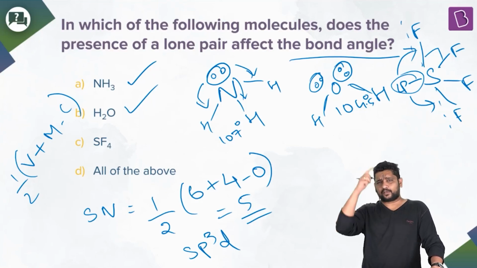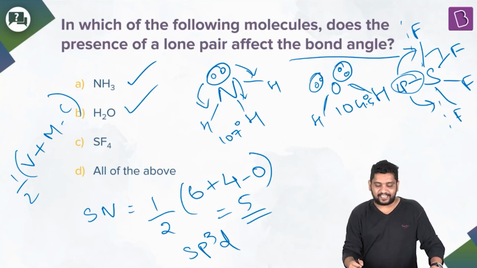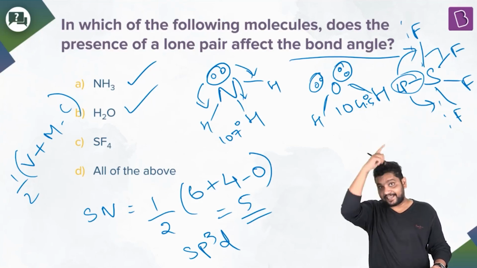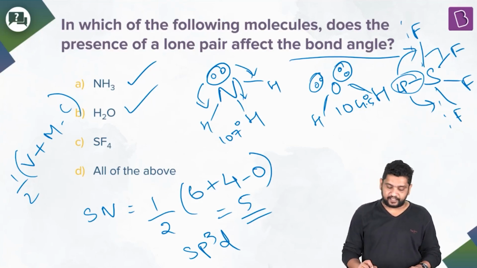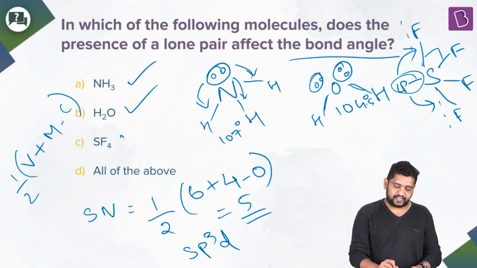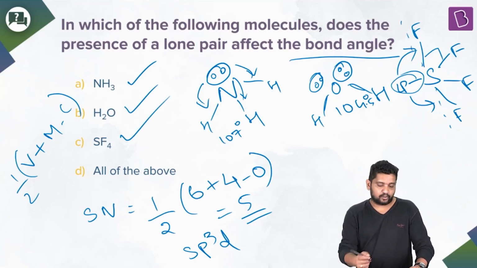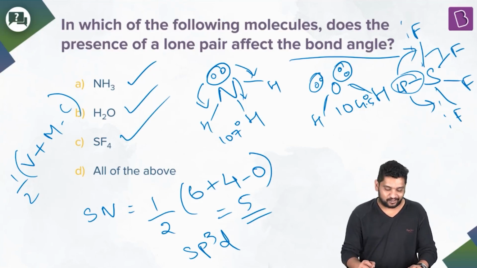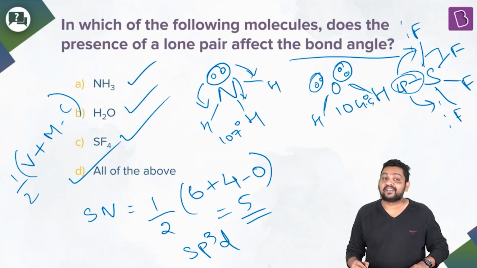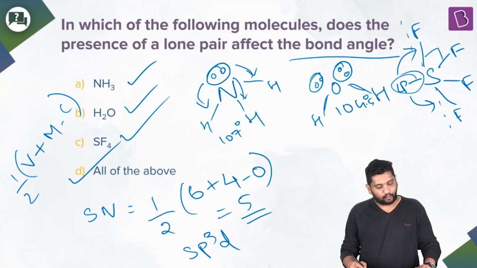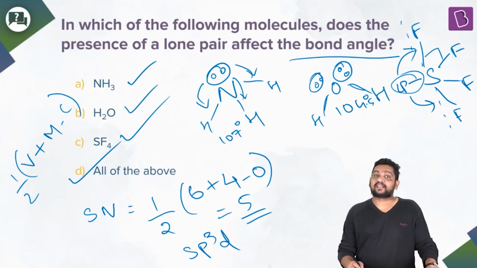The equatorial axial angle would be less than 90 degree and axial angle will be less than 180 degree also. So yeah, of course, even here we can say that lone pair does affect the bond angles, right? So yeah, looking at D option, which says all of the above, is obviously going to be our final answer, because in all of them lone pair does affect the bond angle.